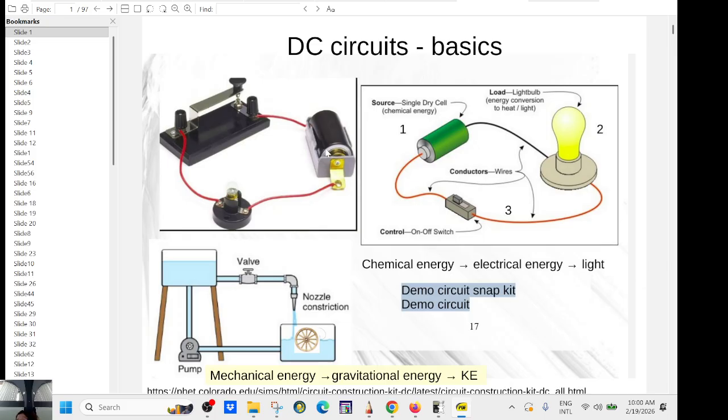So if you have a 9-volt battery, each coulomb of charge leaving the plus terminal will have an energy of 9 joules. Imagine it's a positive charge. Each coulomb delivers 9 joules of energy to the load, and then it comes back here with no more energy, and then it gets a boost again.